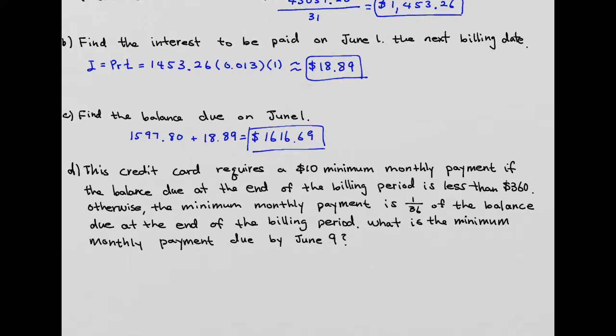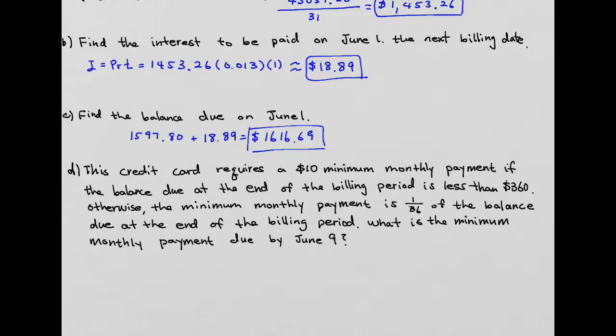So then the last question we have is, this credit card requires a $10 minimum monthly payment if the balance due at the end of the billing period is less than $360. But it's already over $360, right? Otherwise, so we're going to use the otherwise option.